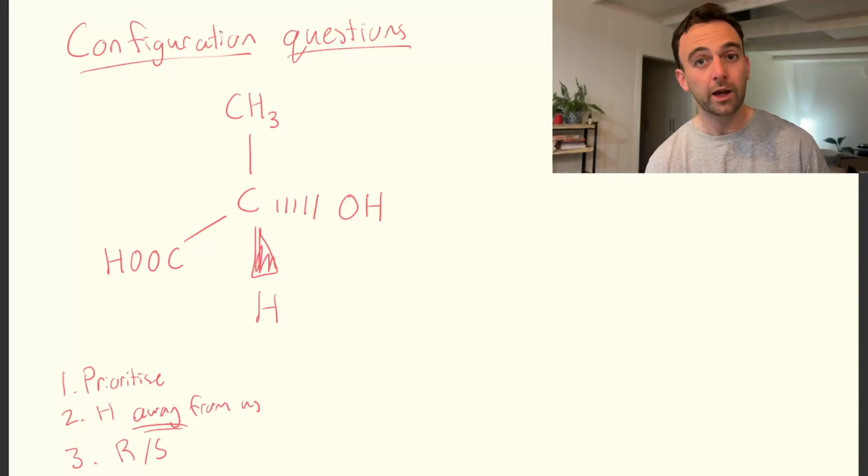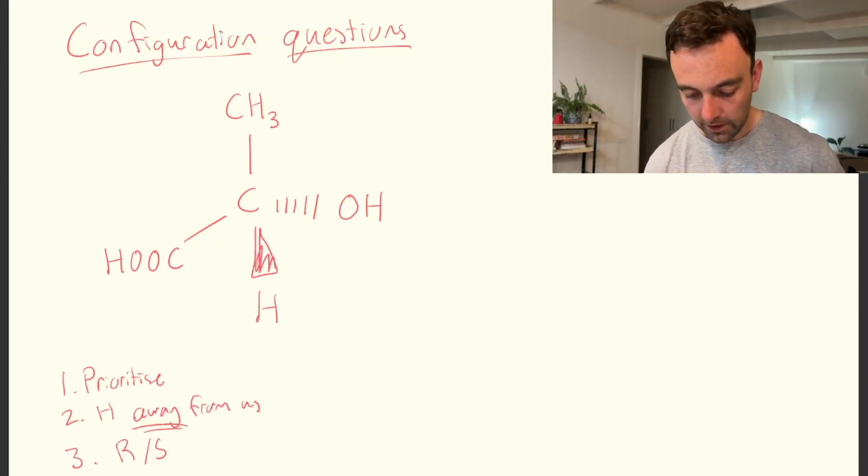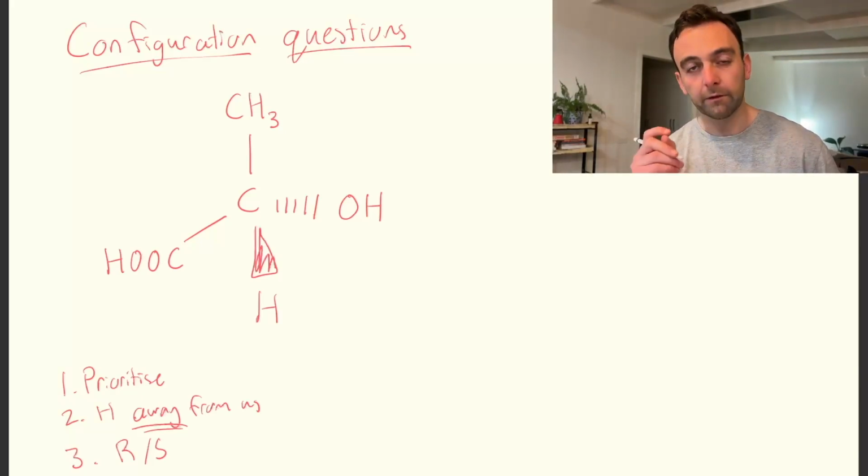You don't need to know every atom out there, but I'd definitely know your carbon, hydrogen, oxygen, chlorine and bromine. So definitely know roughly where those are in the periodic table. And what we care about is the first atom that the carbon is bound to.